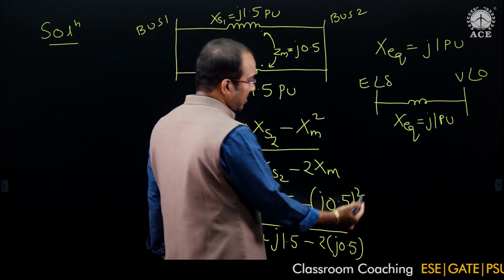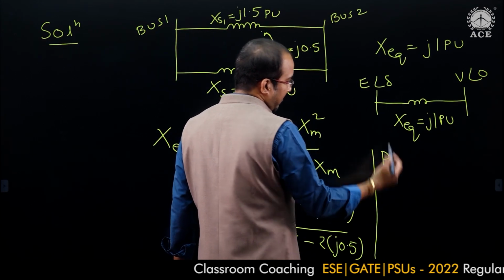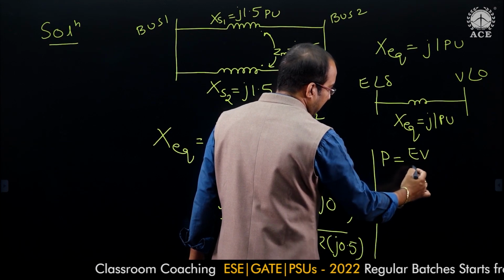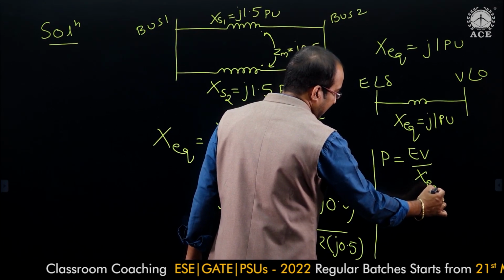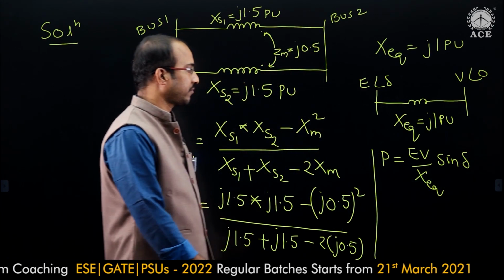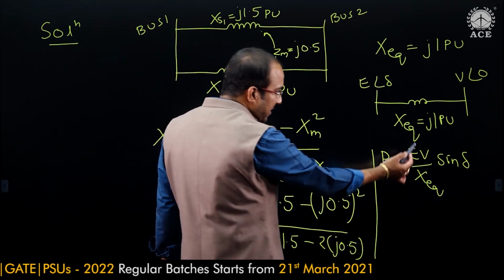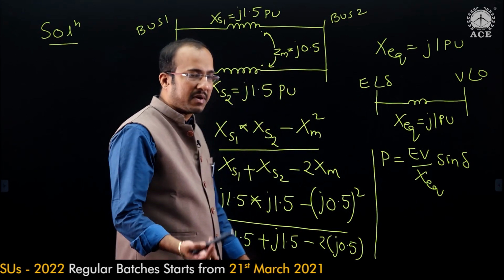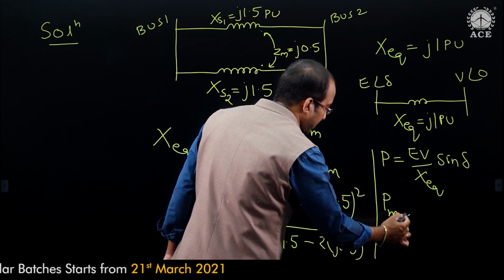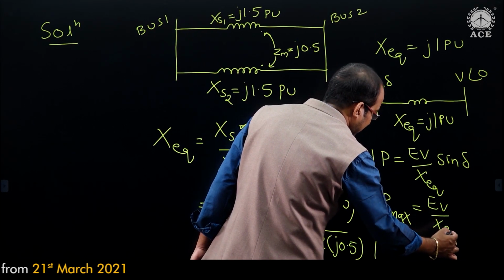Now, we can write the power transfer equation. Here power transfer equation P can be written as EV by X equivalent into sin delta. He is asking the maximum power transfer. This EV by X equivalent is the maximum power transfer. So, P max is EV by X equivalent.